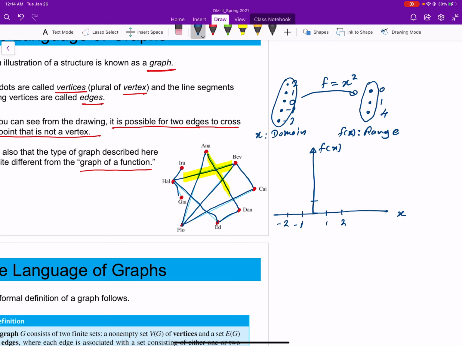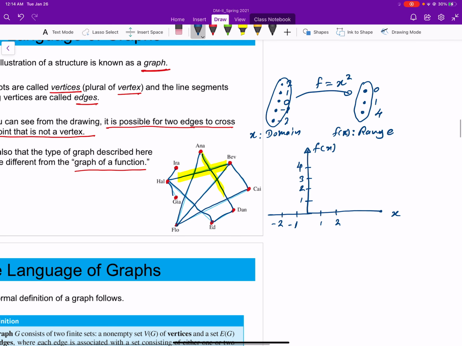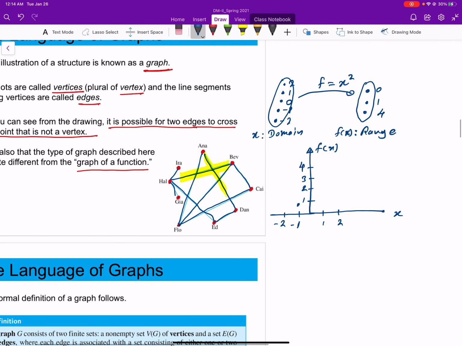So the values are 1, 2, 3, 4. When x is -1, the corresponding value was 1. When x is -2, the value is 4. When x is 0, the value is 0, and that is there, and that is there.